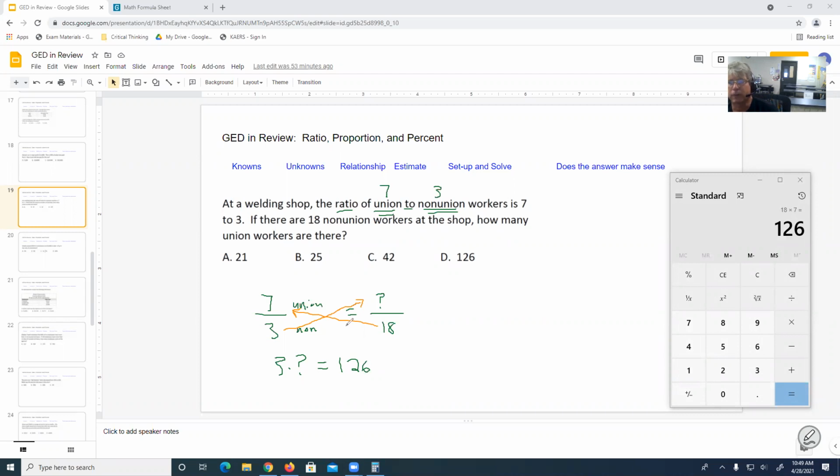At this point, you could just substitute these answers in. What you can also do, if you go backwards, is turn this into a division problem. So using my calculator, I could find the answer by going 126 divided by 3. That gives me 42. So it's going to be 42 union workers.